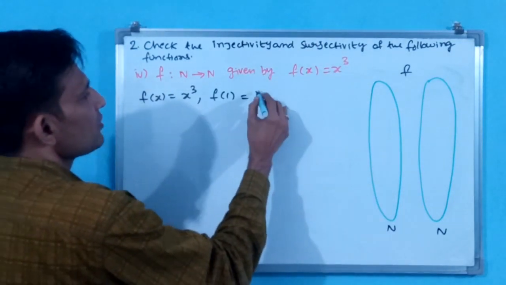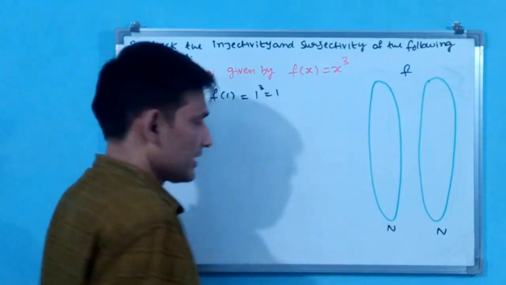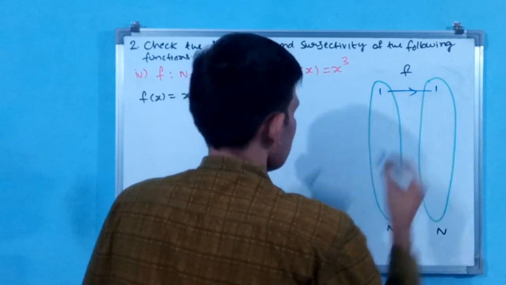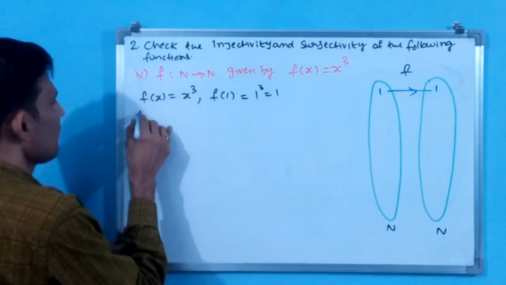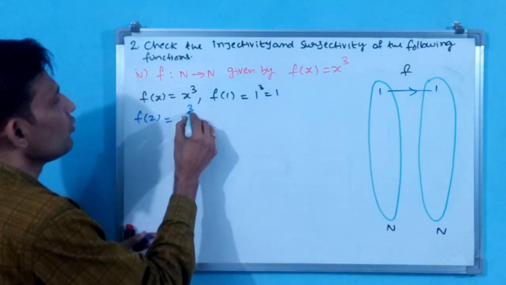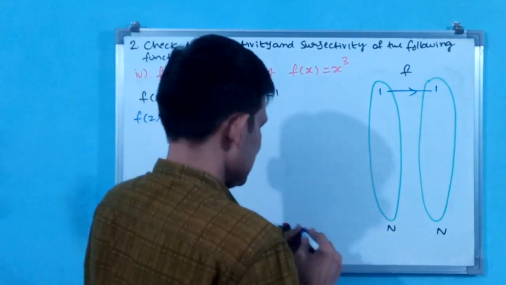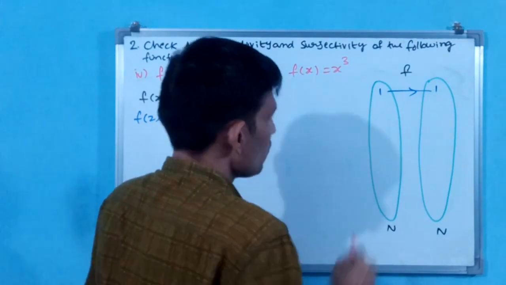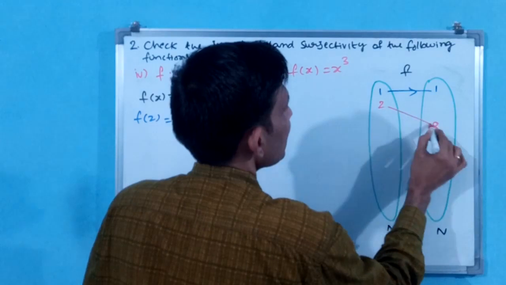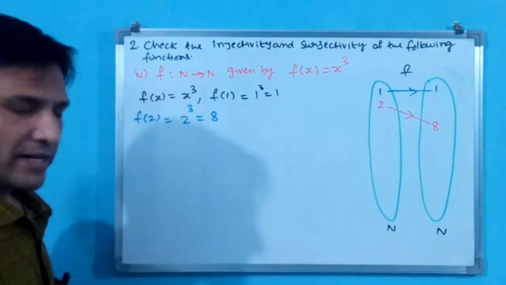F of 1 is equal to 1 cube. That is equal to 1. That means here 1 to 1 relation is there. Okay. Now I go for f of 2. Next number. That is equal to 2 cube. That is equal to 8. That means 2 to 8 relation is there. And we will go for another number also.